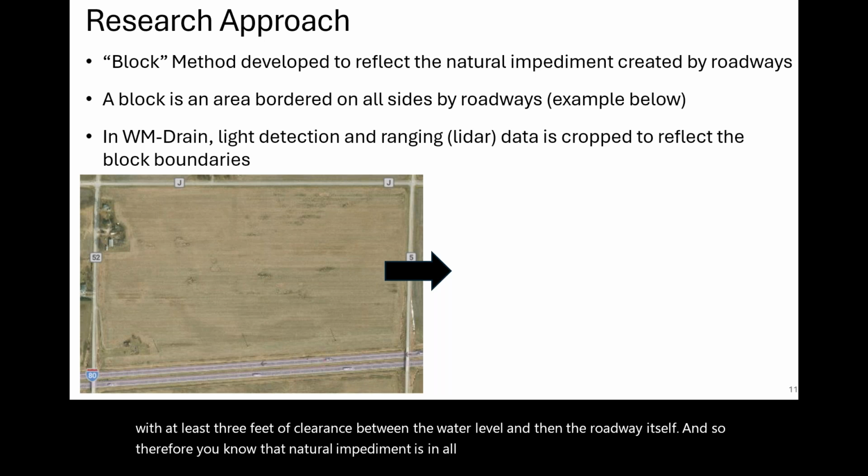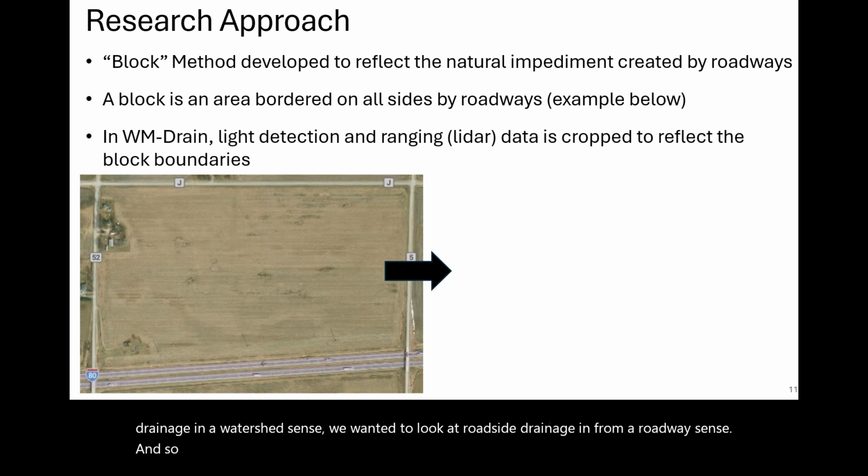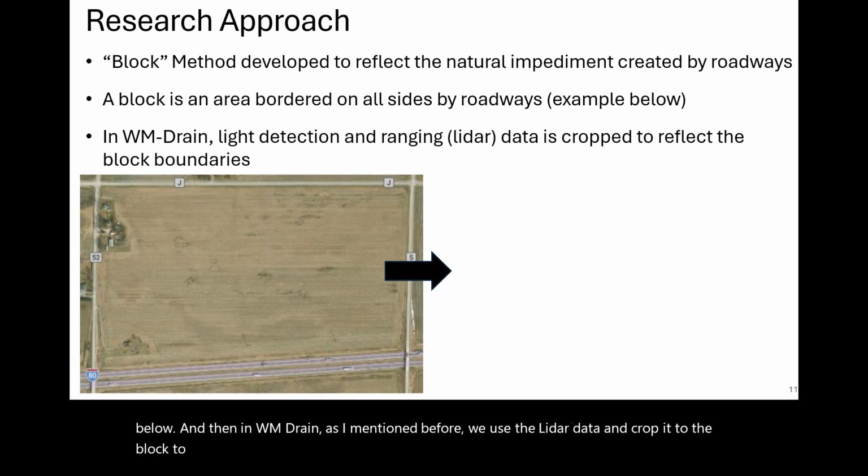Instead of looking at drainage in a watershed sense, we wanted to look at roadside drainage from a roadway sense. And so our blocks are an area that is bordered on all sides by roadways, as you can see below. And then in WM Drain, as I mentioned before, we use the LiDAR data and crop it to the block to reflect the block boundaries.